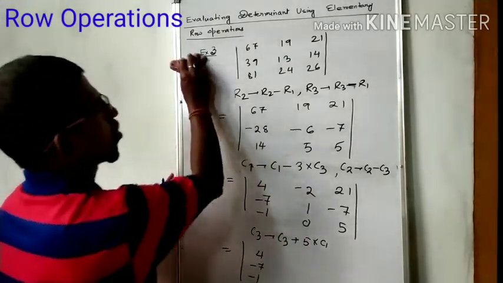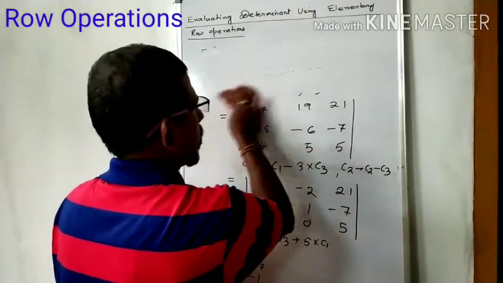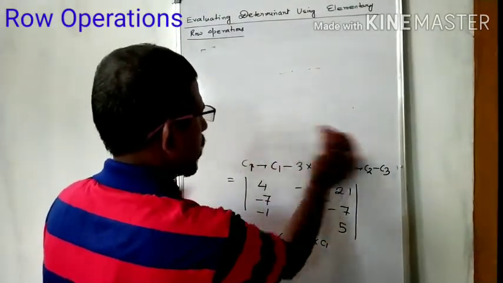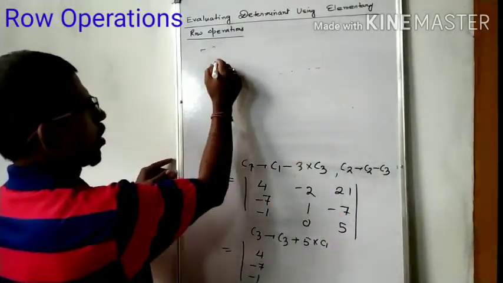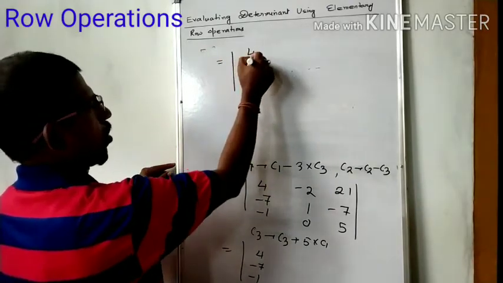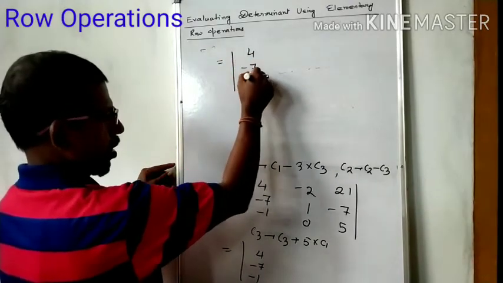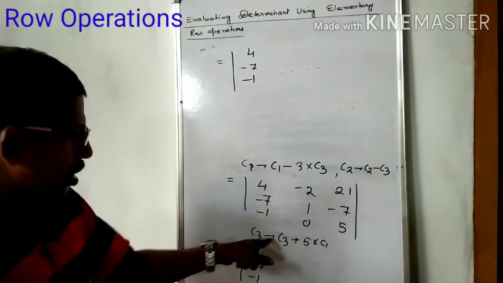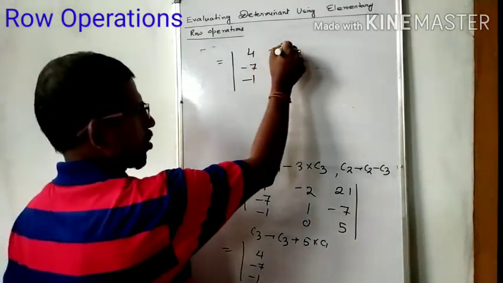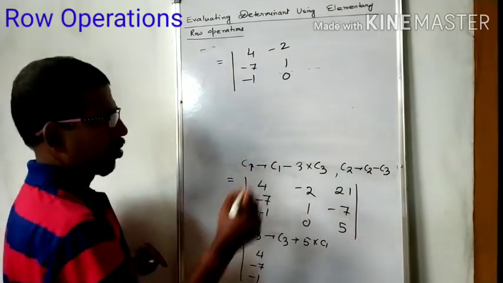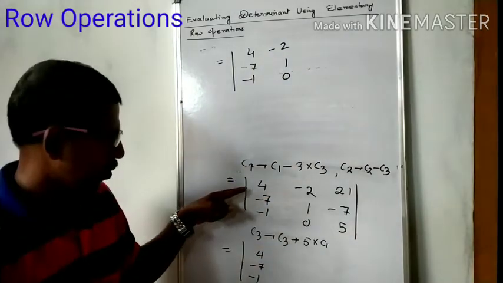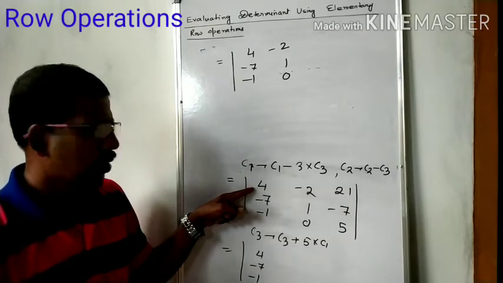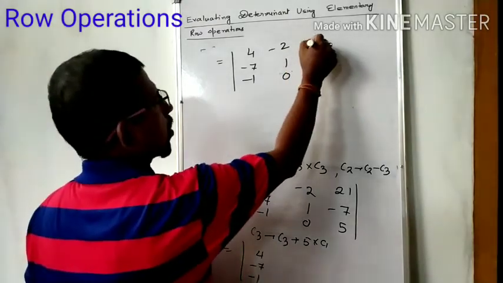So if you use these operations, we will get the value here. What will be here? 4, minus 7, minus 1, and then it will remain the same, only C3 will change. Minus 2, 1, 0. So 21, and we are adding plus 20, so it will be 41.